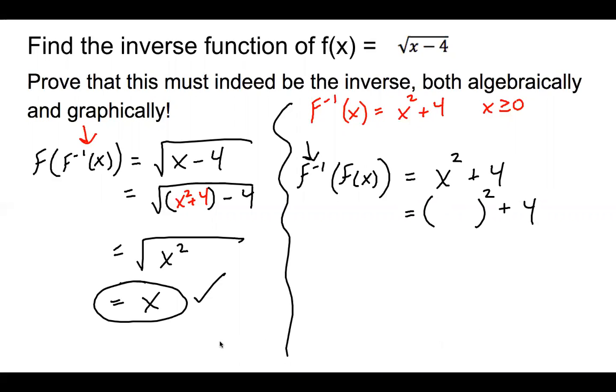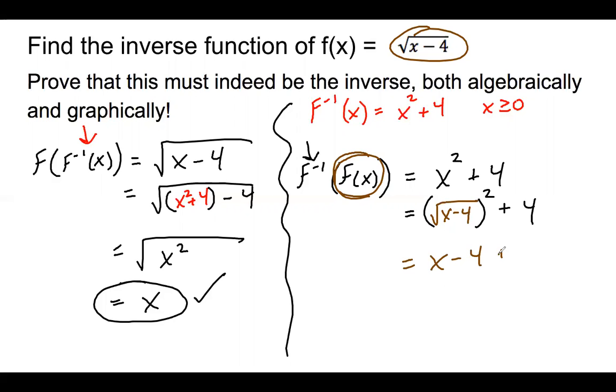And now let's pay attention to what we are plugging in. The inner function is f of x. The f of x was square root of x minus 4. So we've got the square root of x minus 4, quantity squared. Remember, the squared power undoes the square root. So we have just x minus 4.